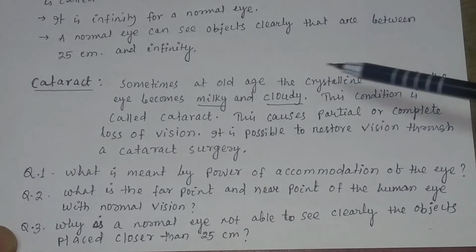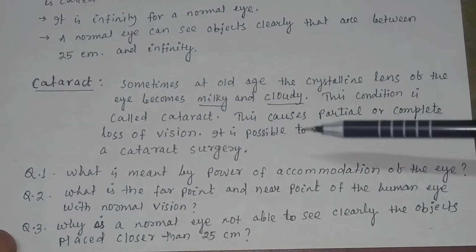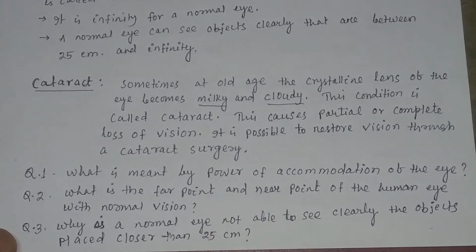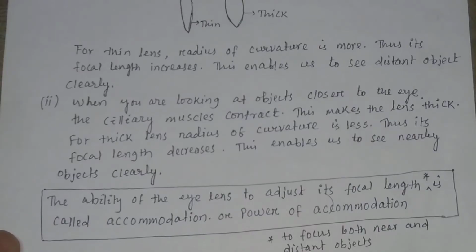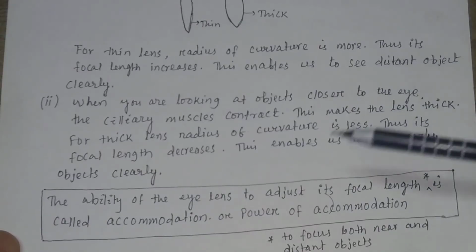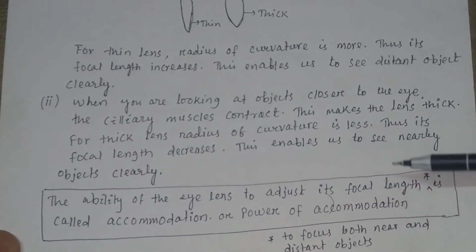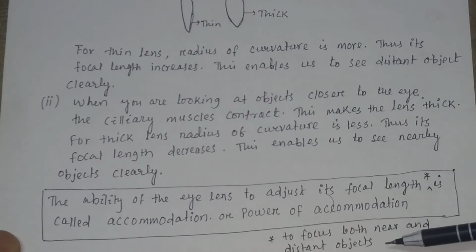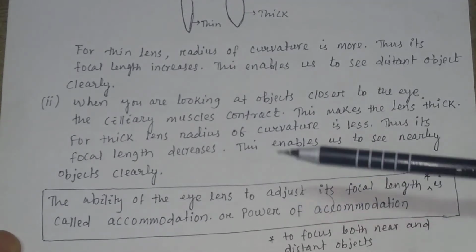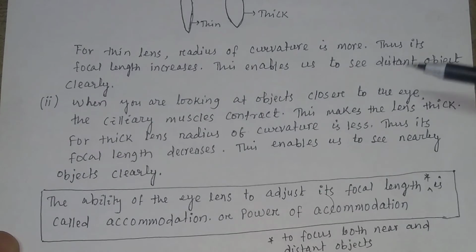Now we will discuss some questions. What is meant by power of accommodation of the eye? The ability of the eye lens to adjust its focal length to focus both near and distant objects is called accommodation or power of accommodation.